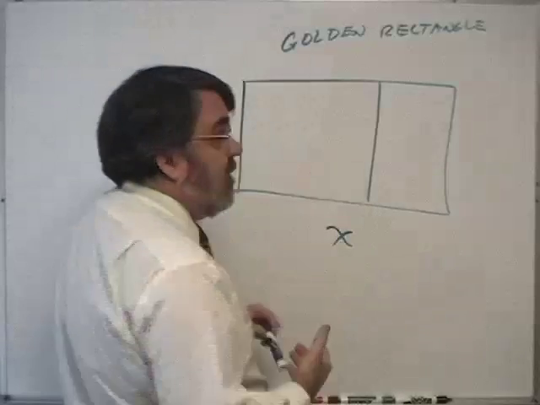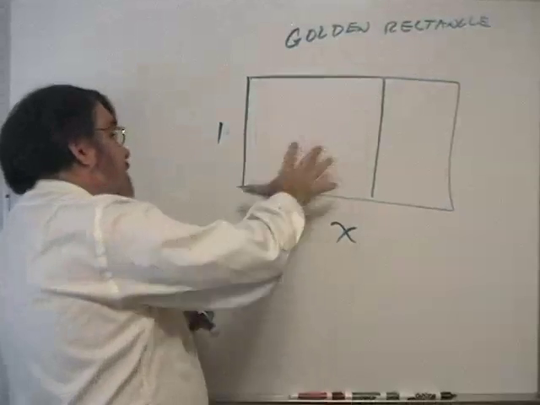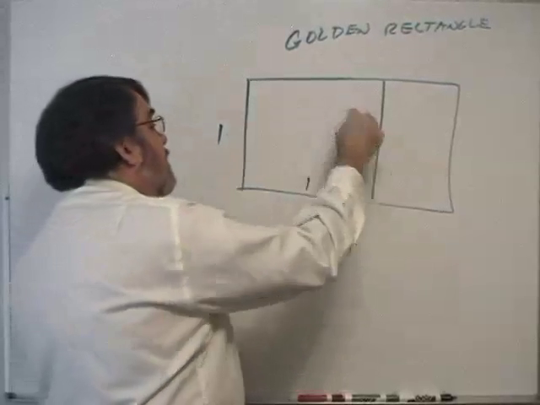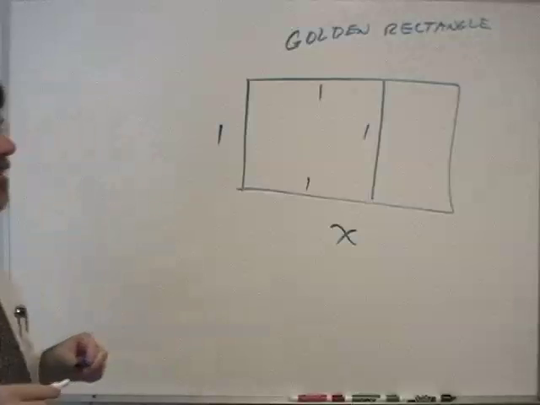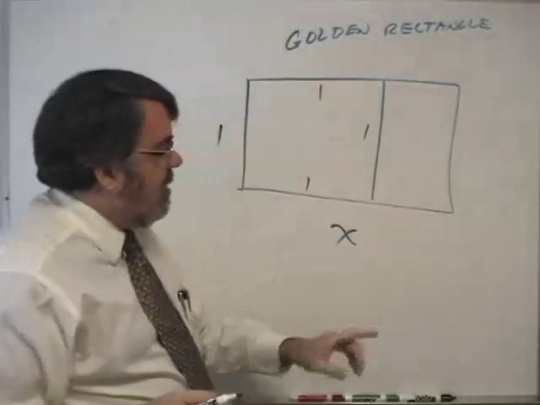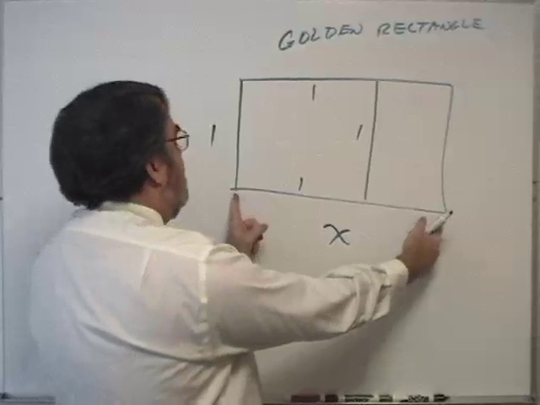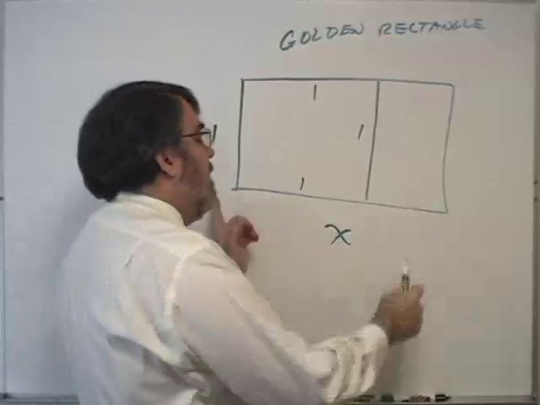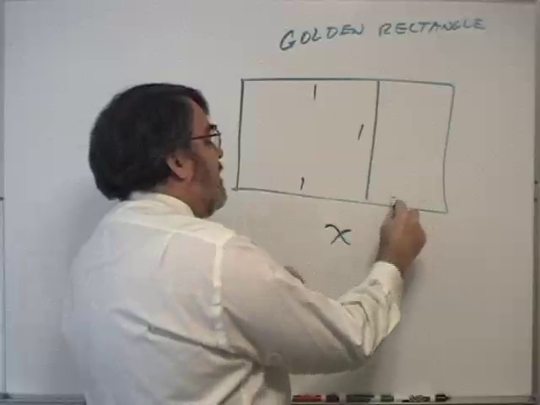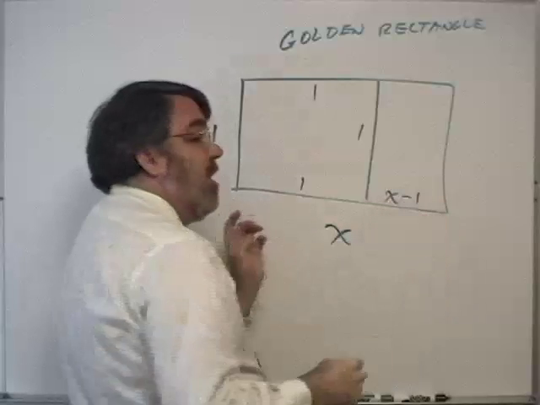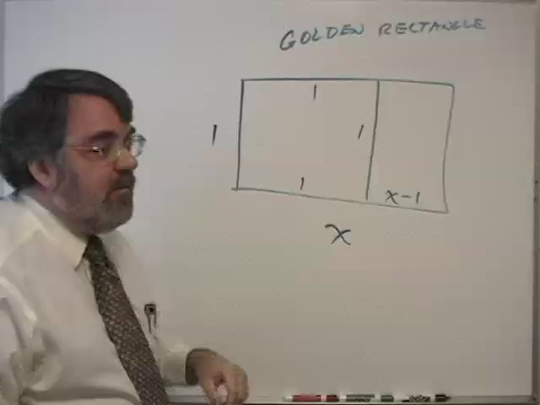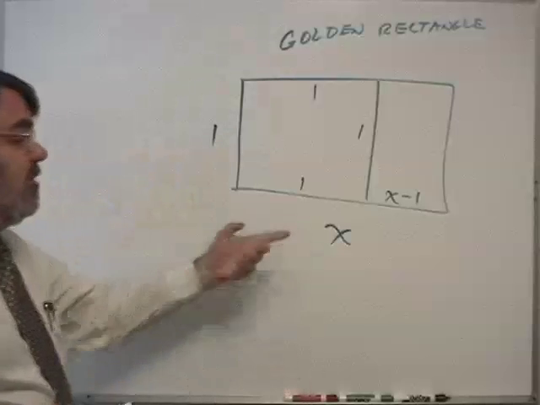If I were to subtract off or erase a square from this rectangle, what's left here? This length was x from front to back, so this remaining part is x minus 1, because I subtracted 1 unit of length from the original side.